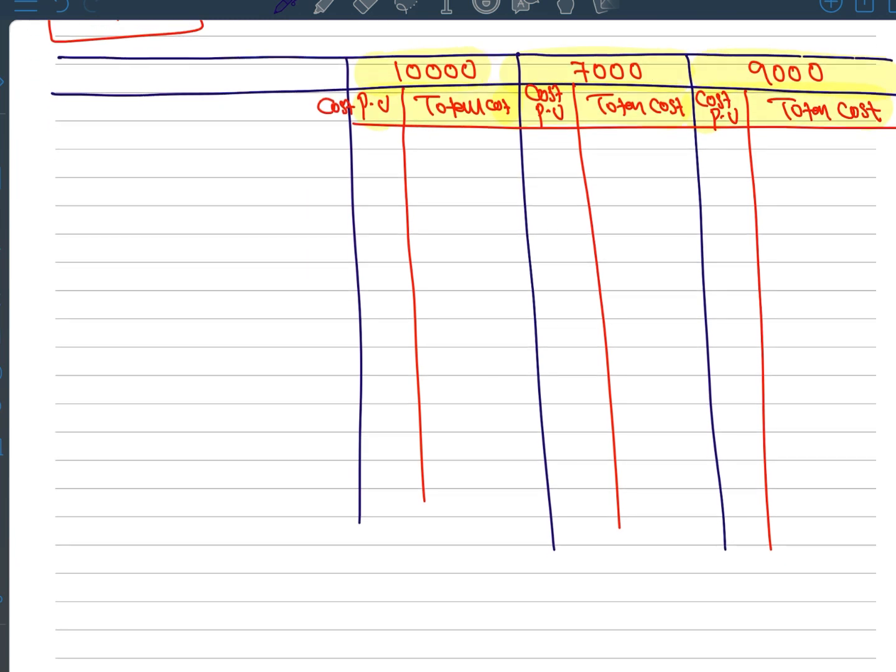Then the first item is direct material. How much? 50. Is this variable cost or fixed cost? There is a mistake in the question. Strictly marginal costing is there.